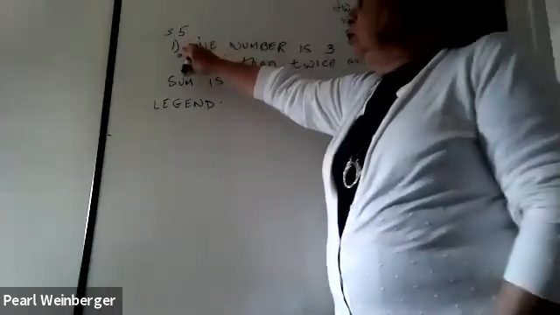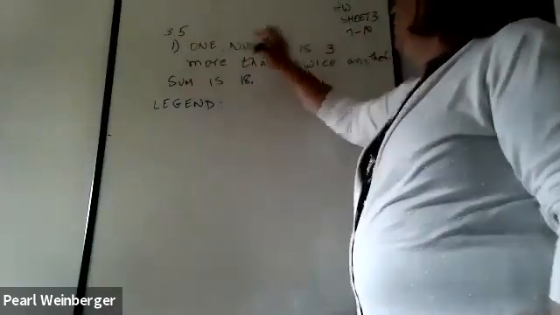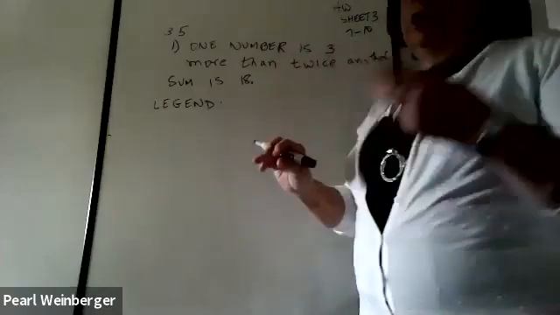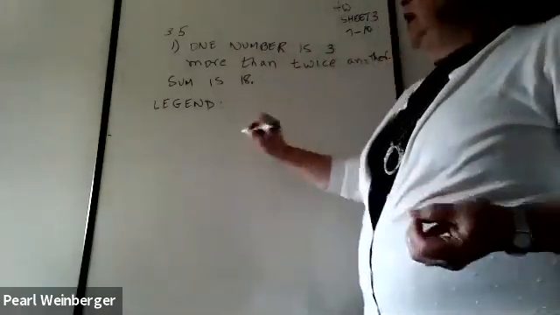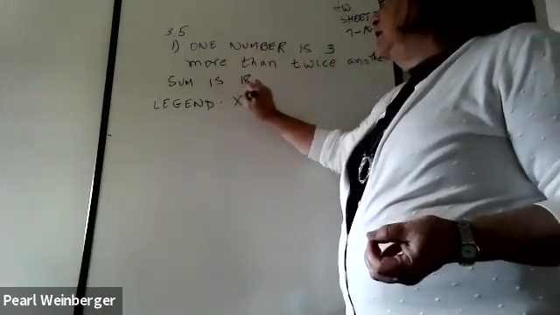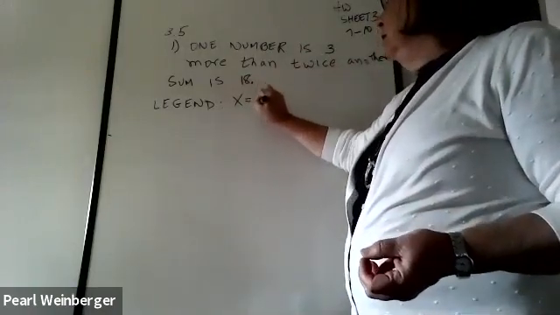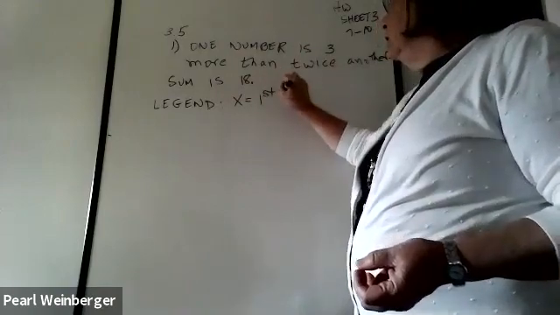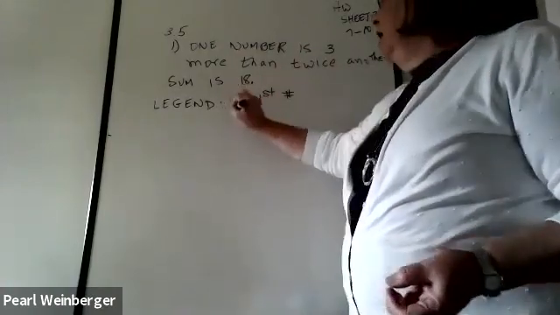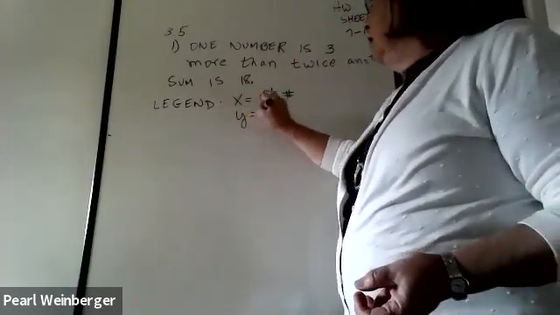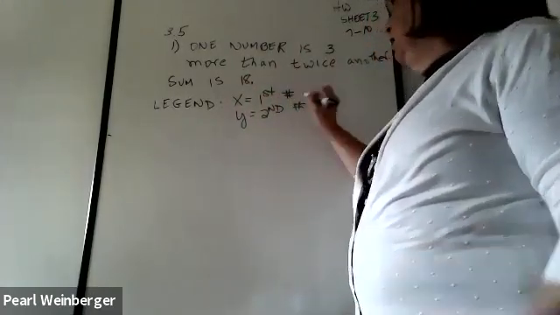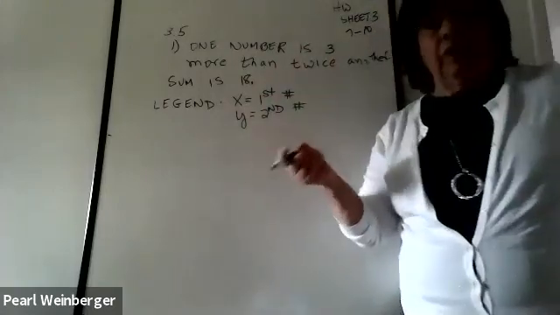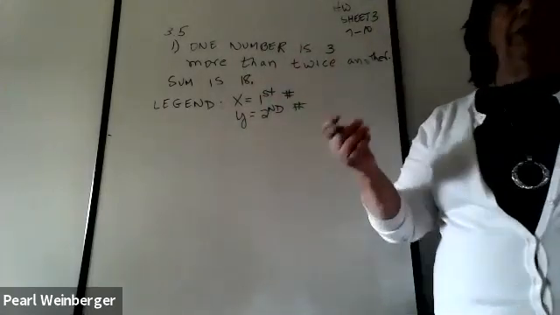So if I look at this question, it says one number is 3 more than twice another. So basically what we have is two numbers. Let's assign x to be the first number and assign y to be the second. Here's my legend. It doesn't need to be very complex. I know that I have two numbers.